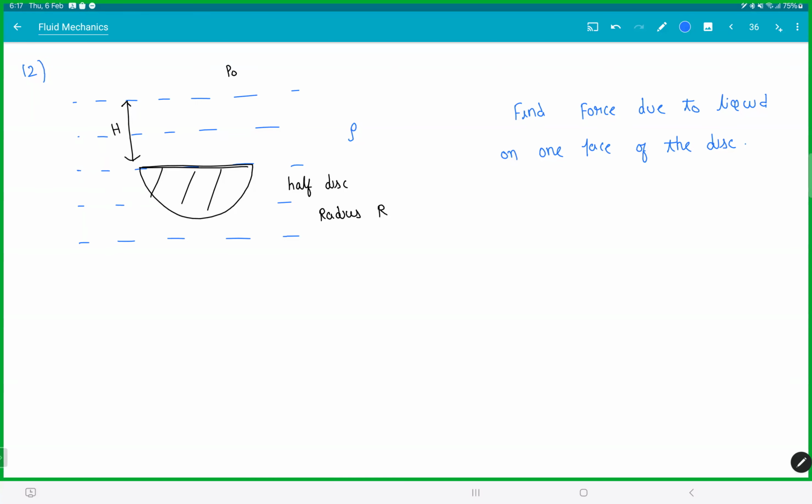Is the question clear? A disk will have two faces, front and back. So find the force on any one face. We need force on any one face.